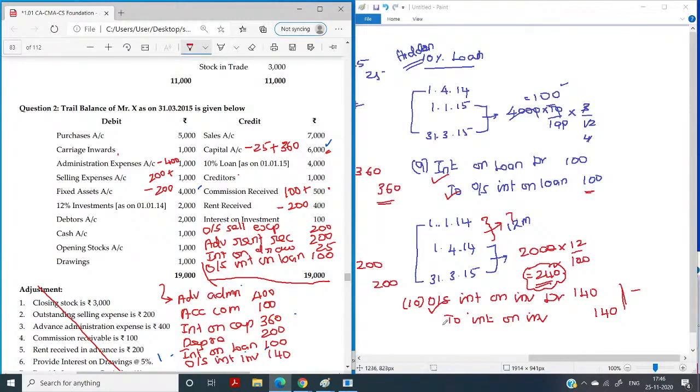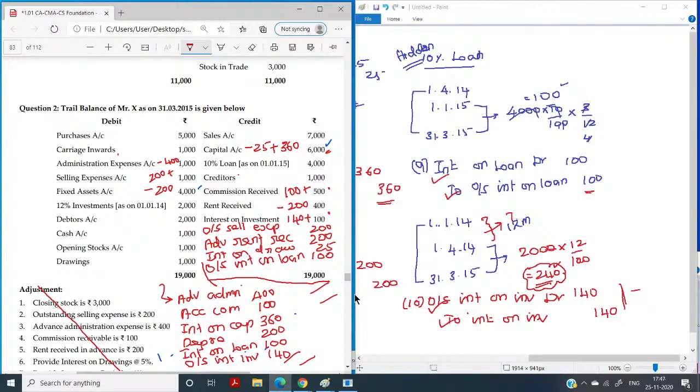And credit side we have interest on investment, credit side 140. So interest on investment already we have 100 rupees. Already have 100, again 140 comes, so you have to add 140 with this. After posting all these adjustments, if you total up the credit side and debit side, it will be the new balances in the trial balance.